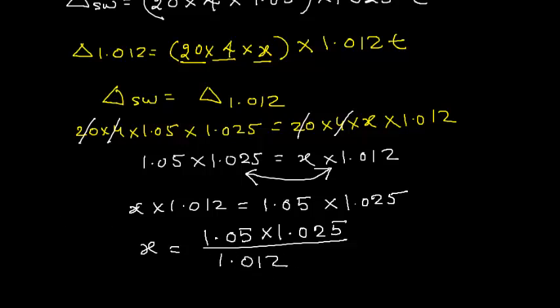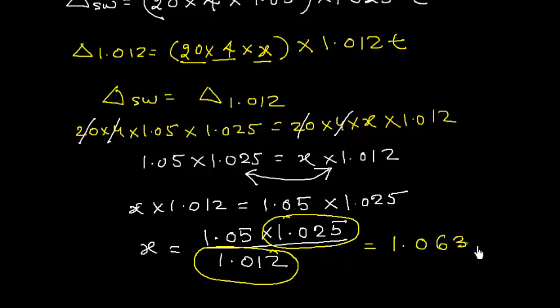So this is the density of salt water, and this is the density of dock water, and this is the draft. So I get the result as 1.063 meter. Well, you can also punch it in your calculator and you will get this up to 3 places, 1.063 meter. This is the draft.